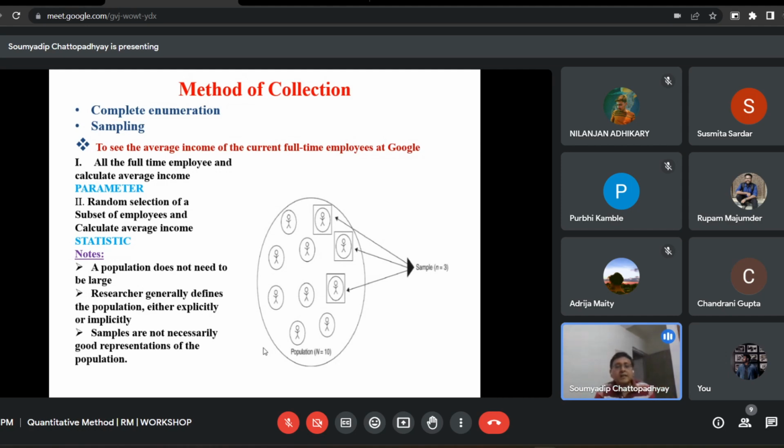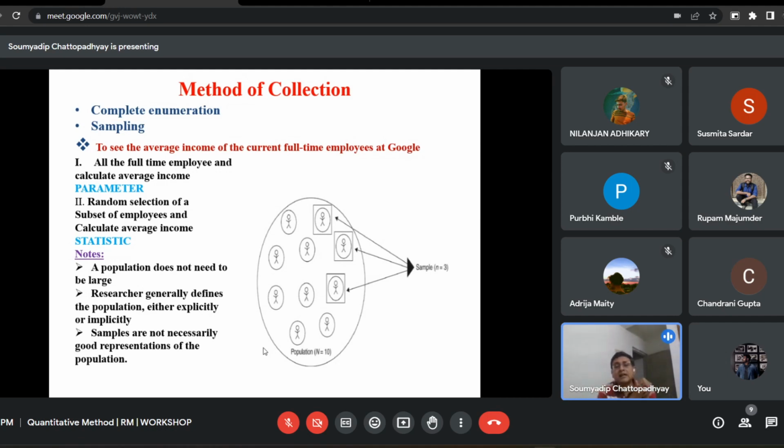There are many statistical methods of doing this. Your objective is to get some idea about the population parameter on the basis of the sample statistic.